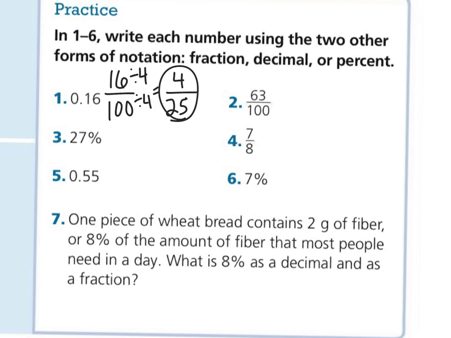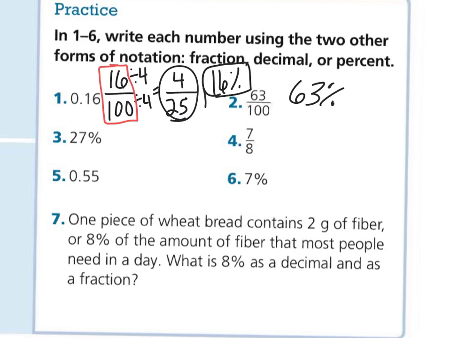If you'll notice here, before we reduced, that was 16 hundredths, and we know percent is a number out of 100, so that would be 16%. Number 2, they've given us a fraction, so one thing we need is the percent. So 63 out of 100, that'd be 63%.